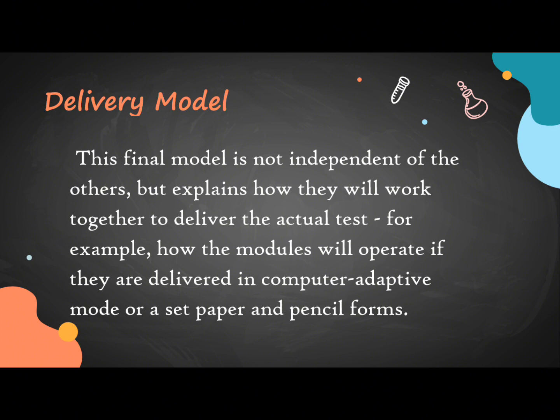So in delivery model, this is on how you are going to deliver the test questionnaire. How will the test taker interact with the questionnaires or with the assessment. This model would also deal with issues that are relevant at the level of the entire test, such as test security and the timing of sections of the test.